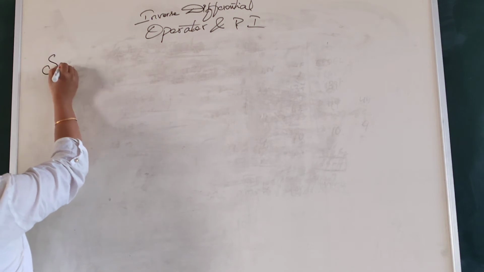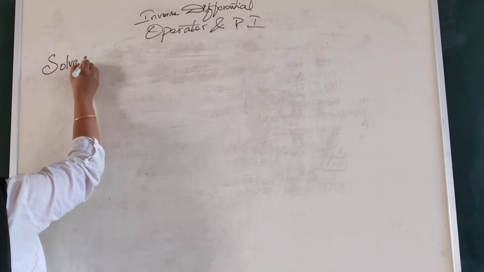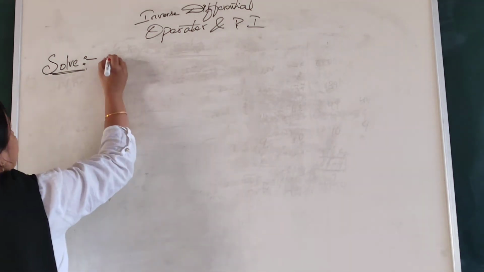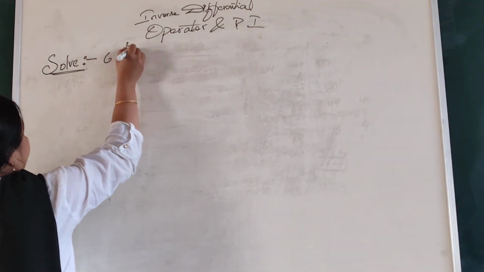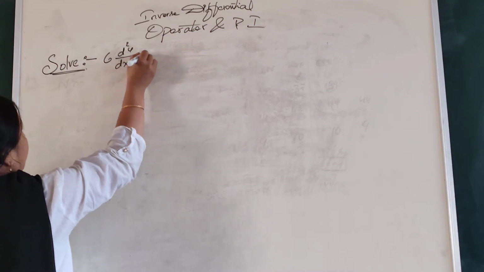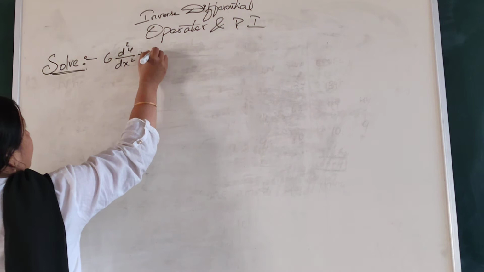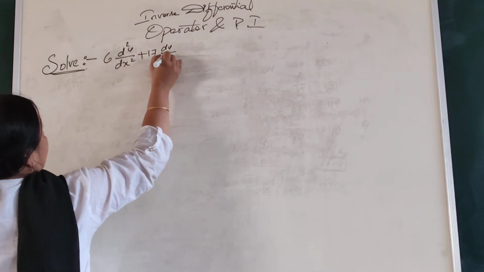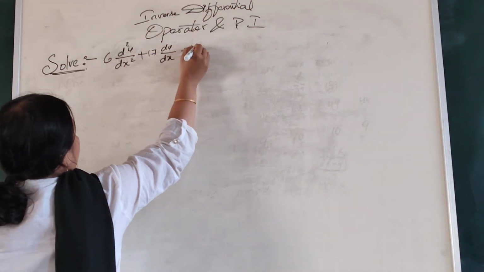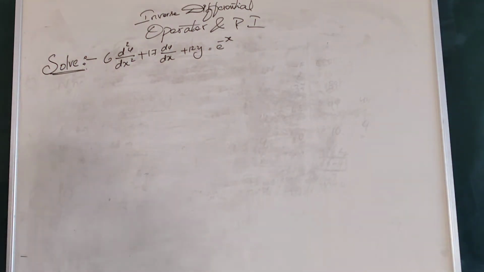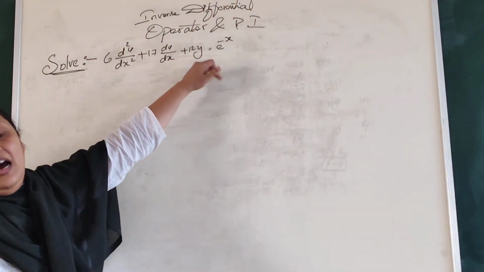The question says solve d square y by dx square, the coefficient 6, plus 17 dy by dx plus 12y is equal to e power minus x. This is the question. What is this? E power minus x instead of 0 will be the RHS.